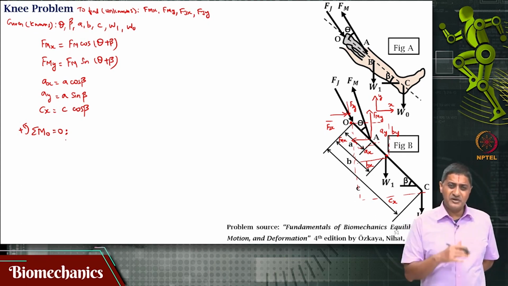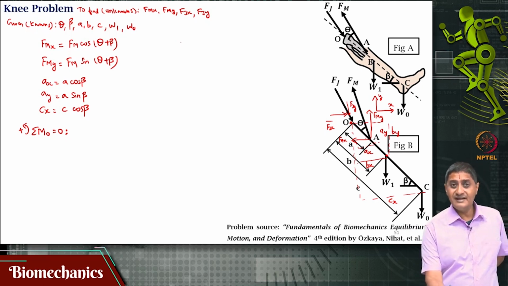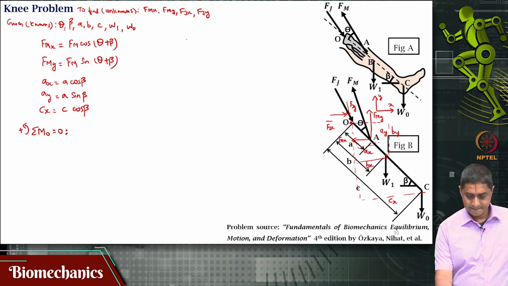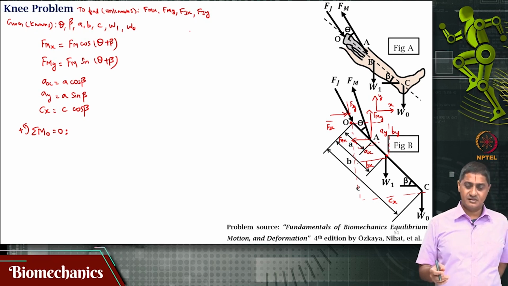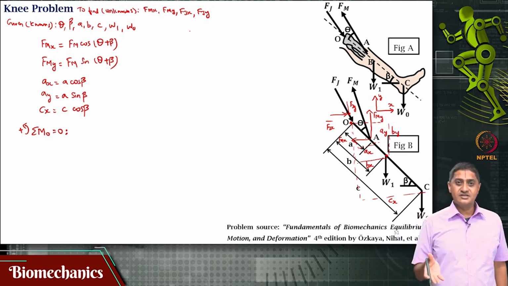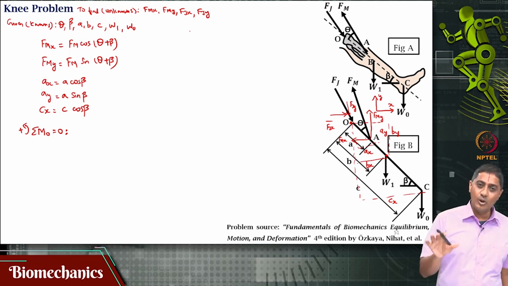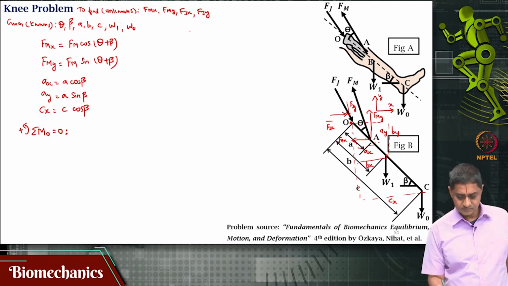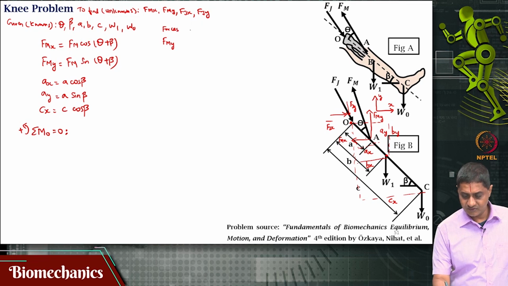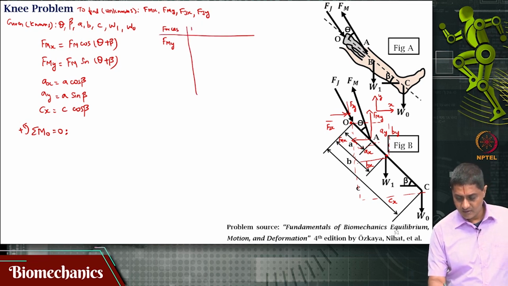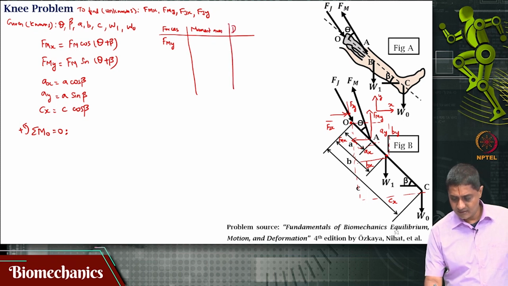Okay. But before we do that, let us write out the individual forces, their moment arms and the sense of the rotation. What are the forces that can cause a moment about O, not necessarily act at O? What are the forces that have a tendency to cause a moment about O?